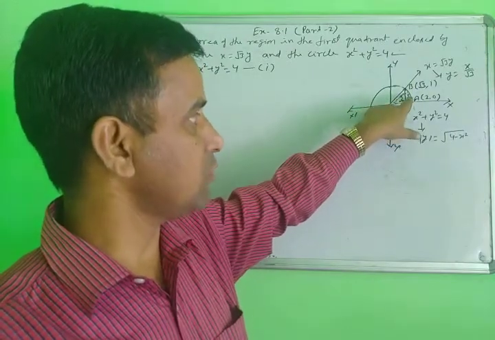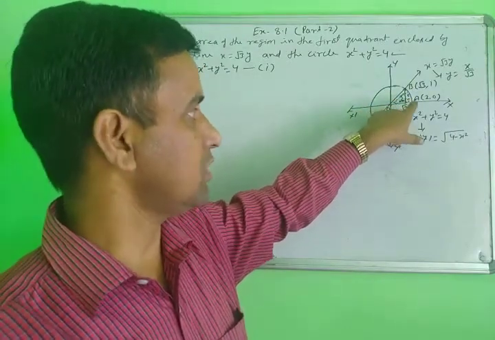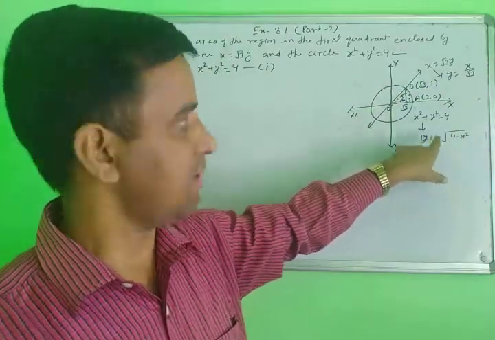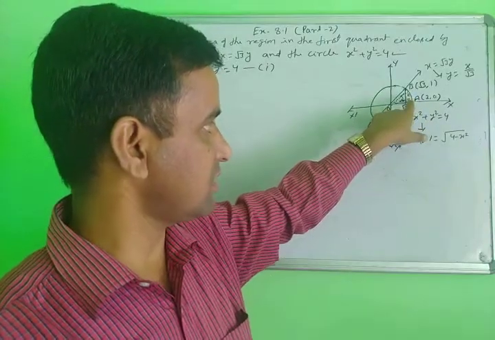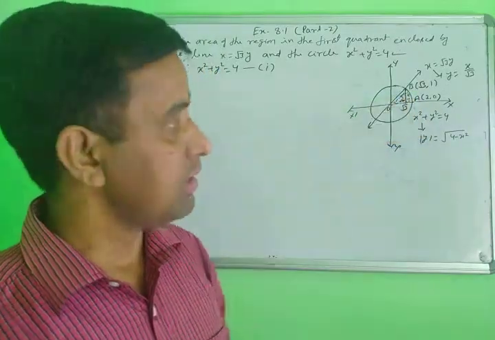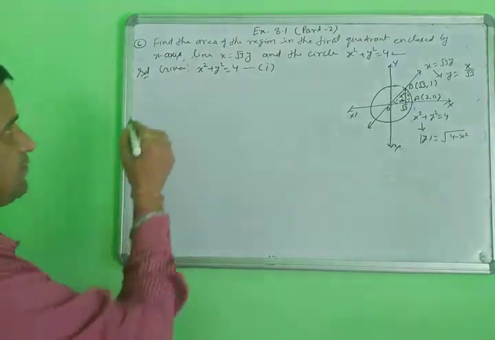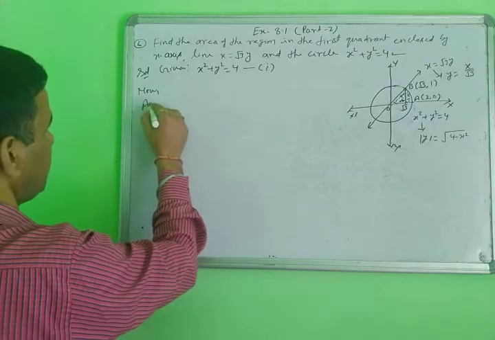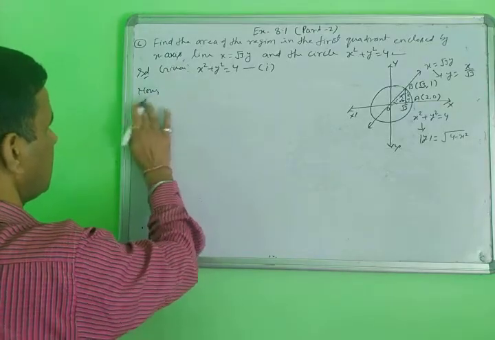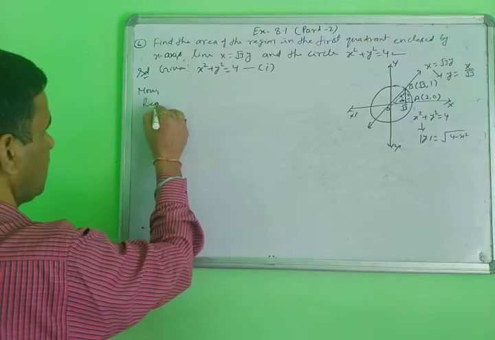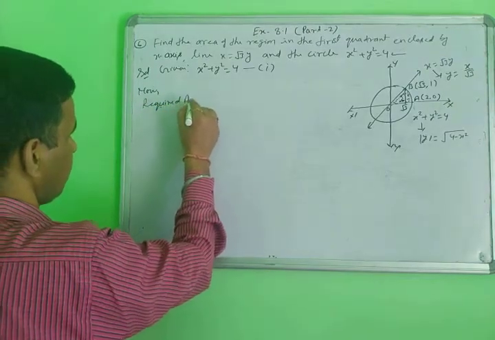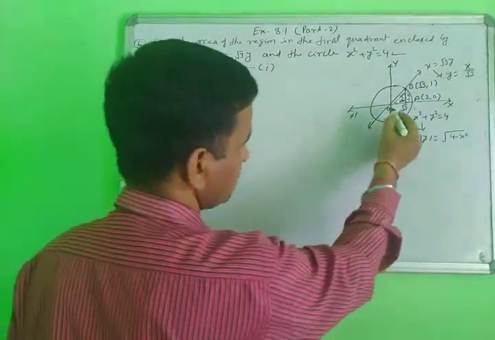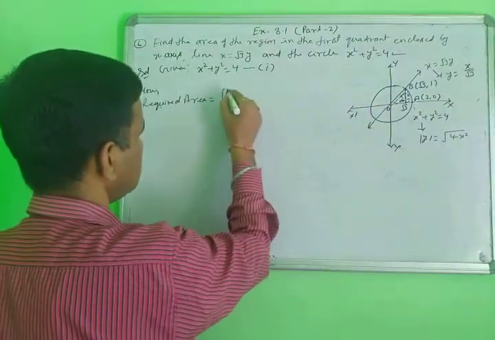In the other part you are using the limit root 3 to 2, under the curve of the circle. In the first portion you are using the area under the line. Now, what is the required area here? First using the limit 0 to root 3.